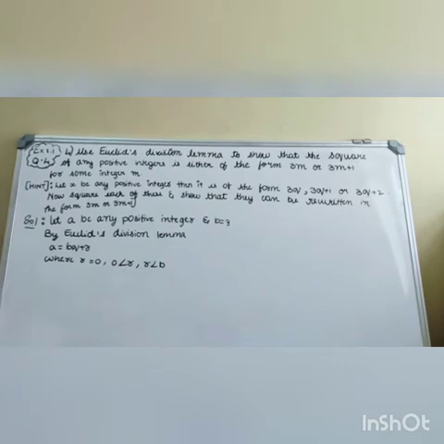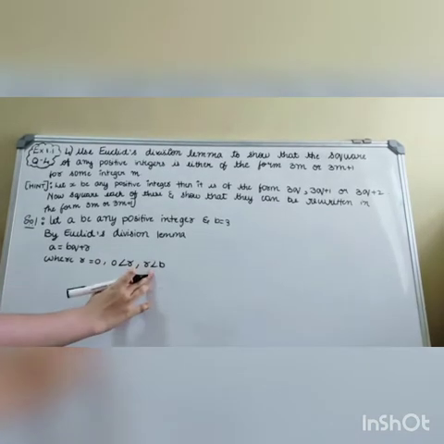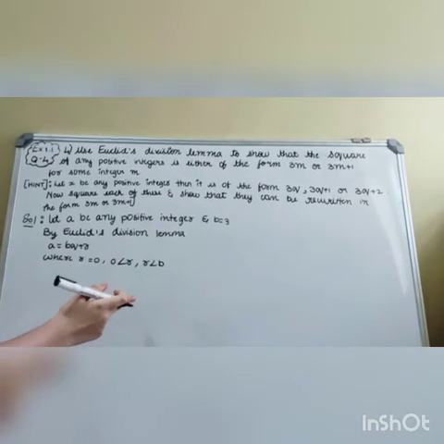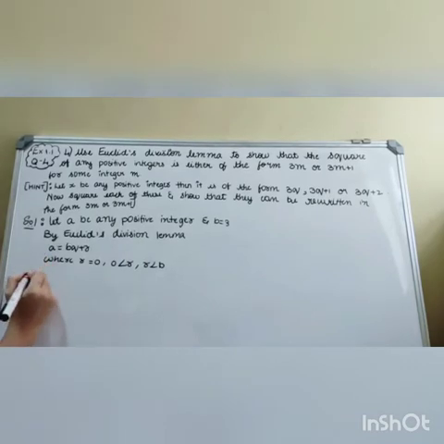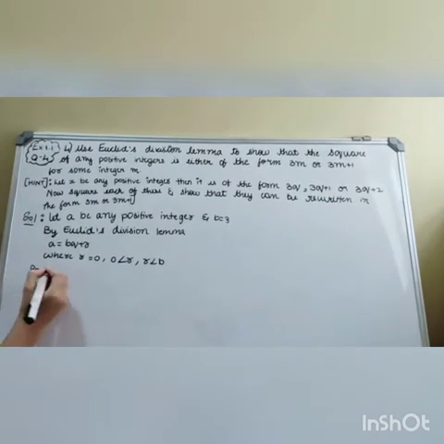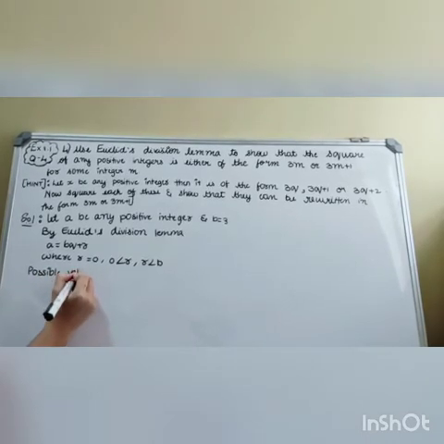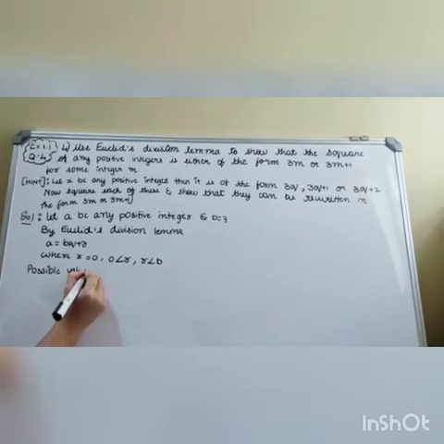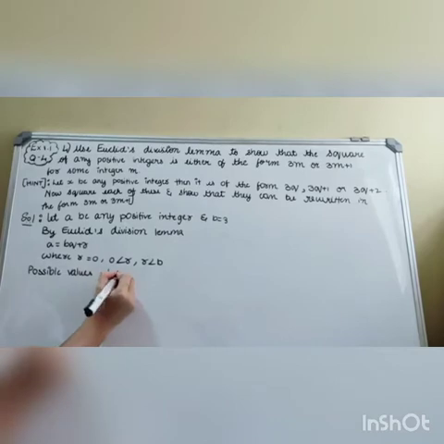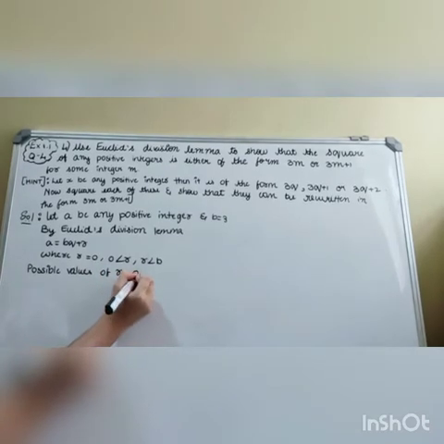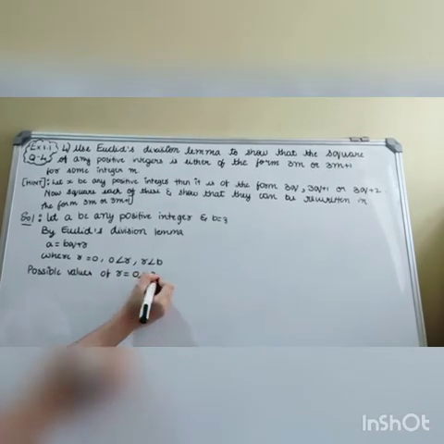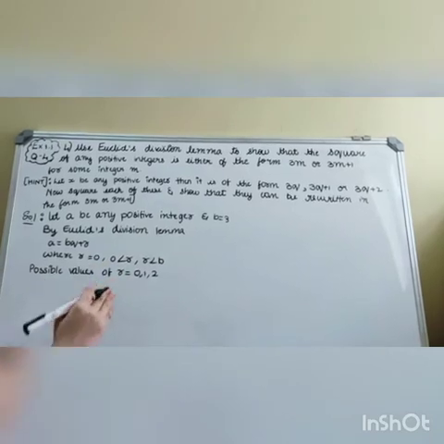Now we have b as 3. So the possible values of r can be 0, 1 and 2, because it is less than 3.